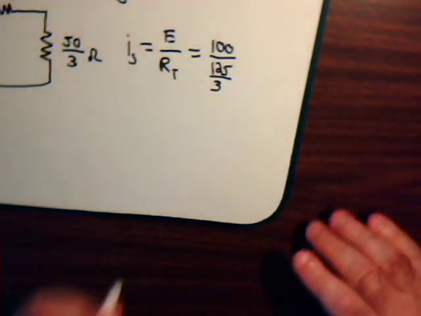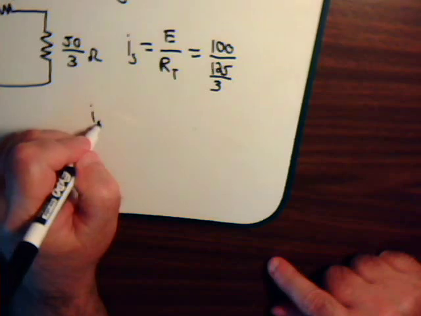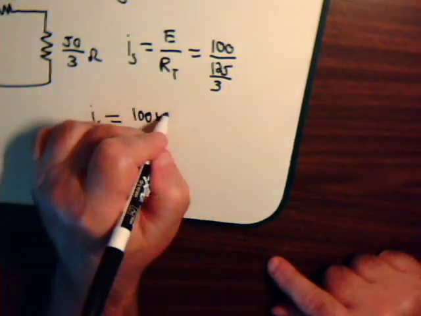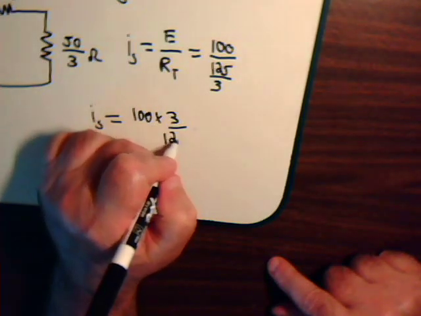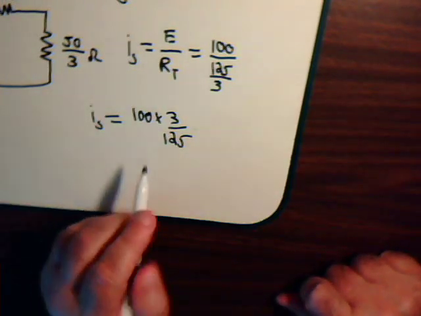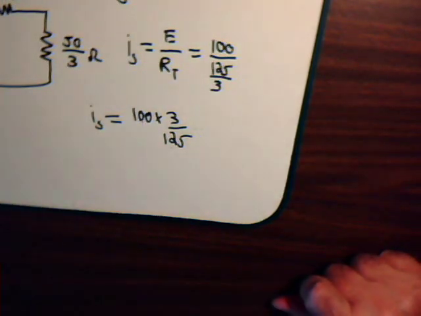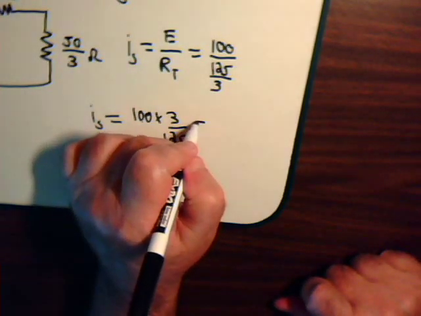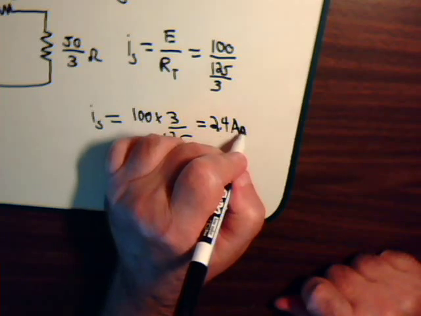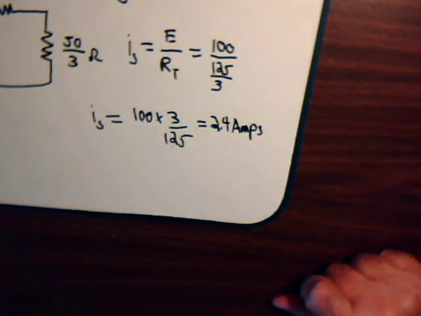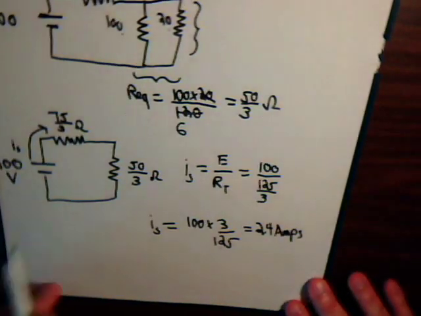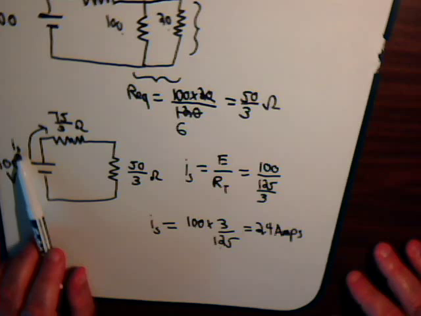So, trying to keep things in focus, the source current is 100 times 3 divided by 125, which is the same thing as 4/5 times 3, and that comes out to be 2.4 amps.